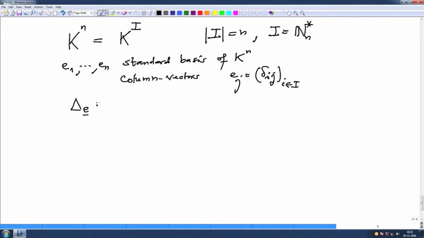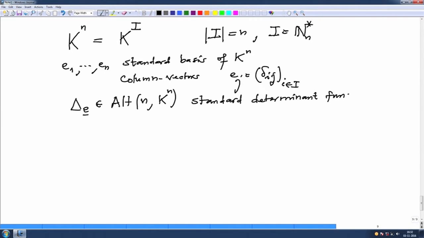This is an element in Alt^n(k^n). This is called the standard determinant function on k^n. Everything is standard because it is with respect to the given coordinate system.